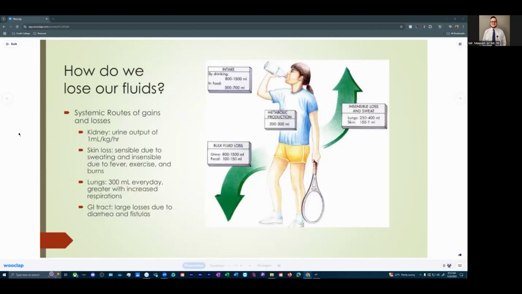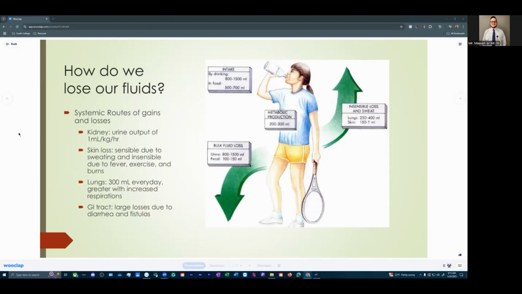So keeping just the concept of fluid status, how do we lose fluids? Well, there's a lot of ways. Our intake is fairly obvious, drinking it of course, but we also get a lot of fluid from food, especially fruits and vegetables.